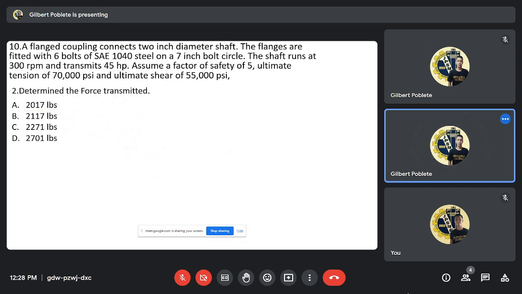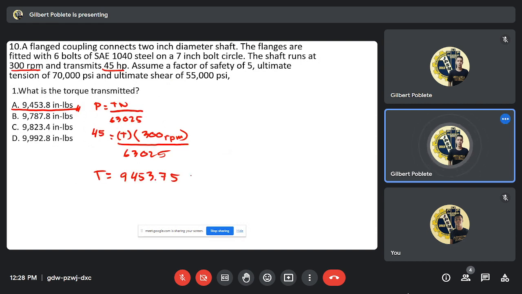Okay. So next problem. Dito naman is determine daw the force transmitted. So ang formula ng force natin, pwede natin gamitin si torque over the radius. So kailangan natin itong torque natin. I-shift store nyo guys, magagamit natin sa next.